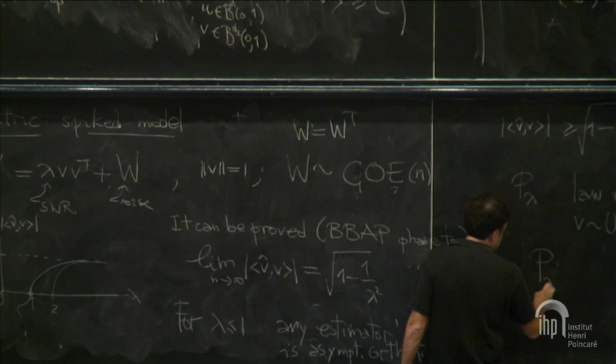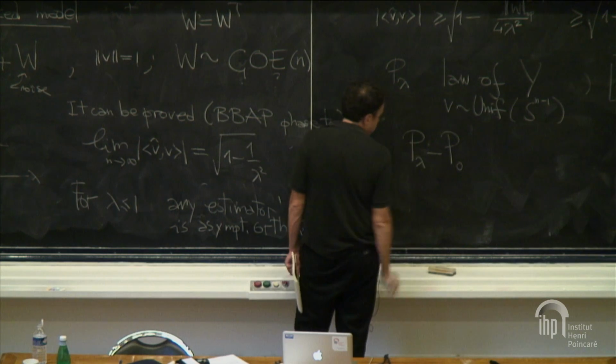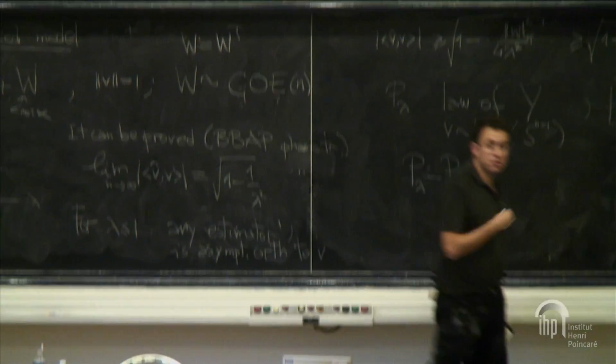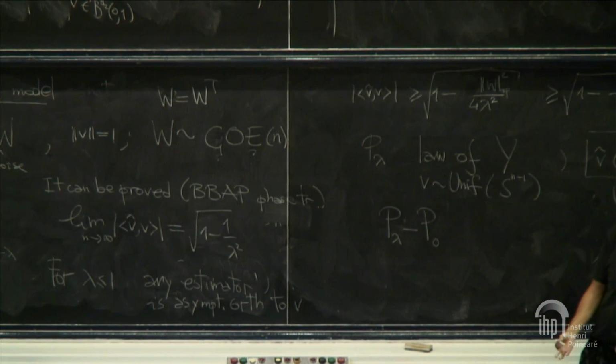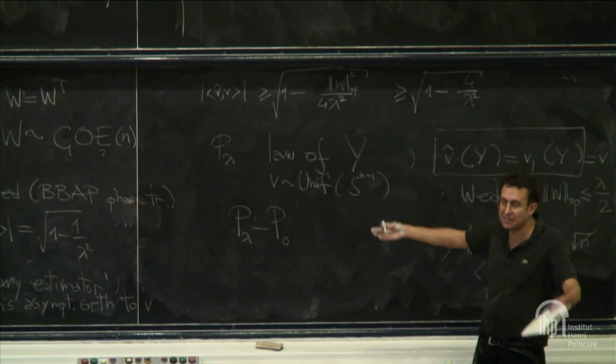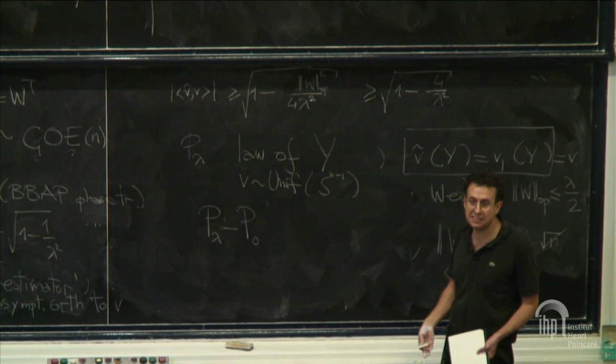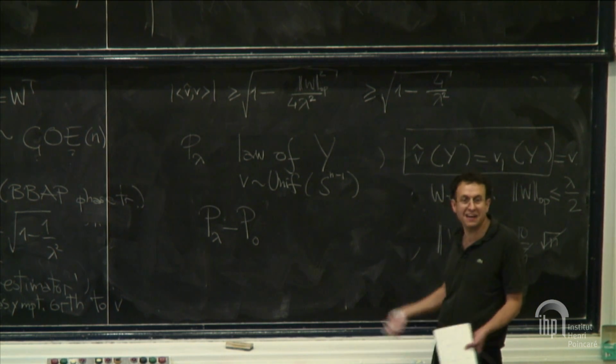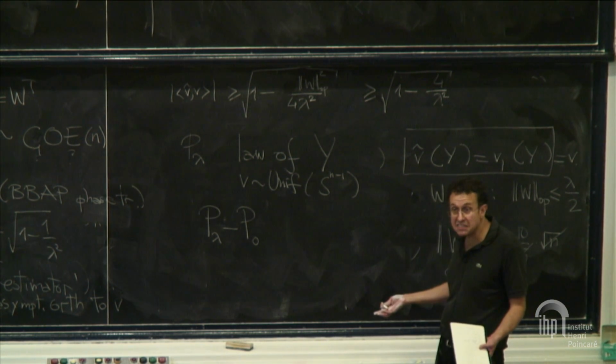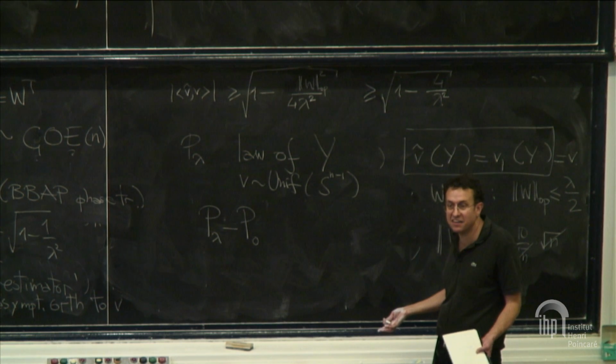Now a question is, can you distinguish this from P0? Can you recognize that there is some signal? Somebody gives you a matrix. It was either generated with a signal or not. It's playing a game with you. It asks you, is there a signal here or not?